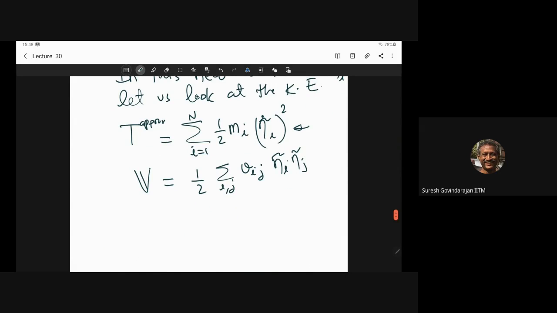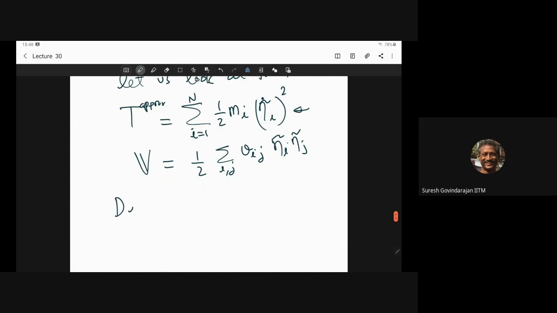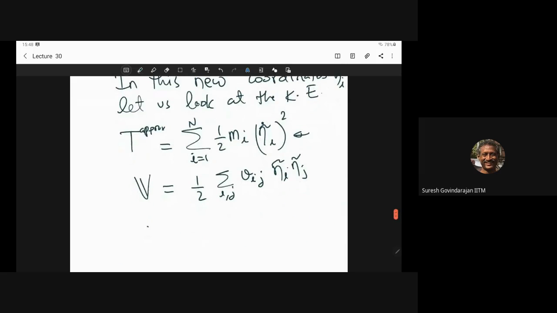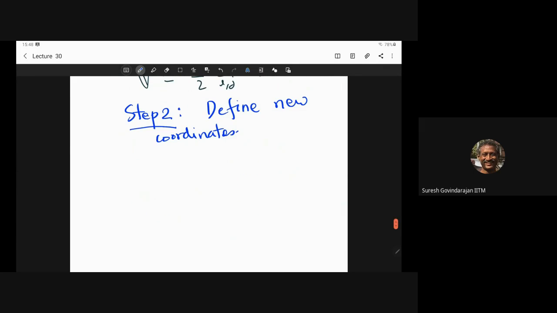So what I will do now is define one more set of new coordinates. So step 2. Define one more set of new coordinates. I'll call them now capital Qi, and I'll define them to be root mi times eta i. Okay, I'm allowed to do this, right?